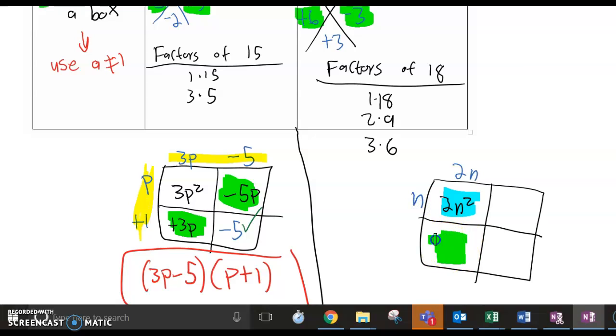Next, I'm on to my green boxes. What values do I have there? That's my 6 and 3. But how do I know where to put 6 and where to put 3? We need to think which one divides nicely into 2. 3 certainly doesn't. It's got to be 6. It's a positive 6n, and this is a negative 3n. 2 times what is 6?